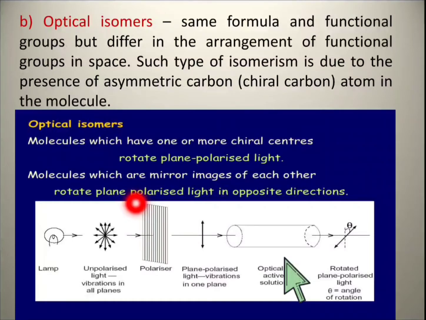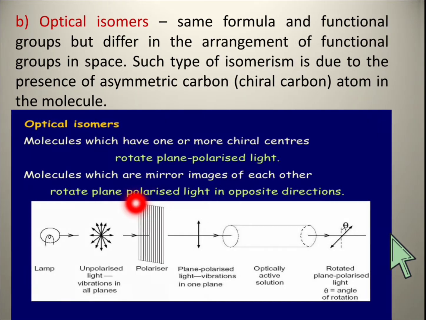Okay, so a compound which causes the rotation of the polarized light to the right, alright, is said to be dextrorotatory. Let me show you.